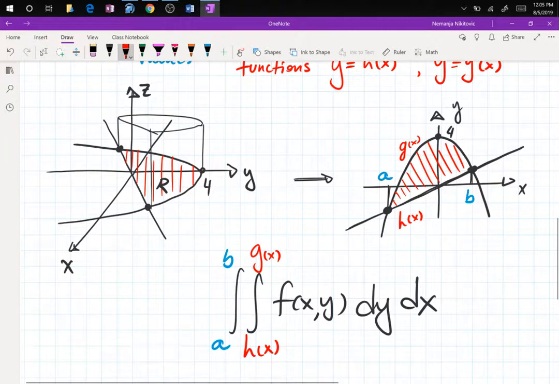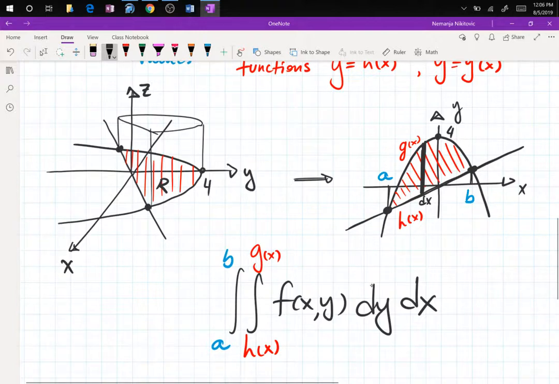Now I like to observe the representative rectangle, so draw somewhere a representative rectangle dx, and with a single representative rectangle you can set up both integrals with their limits.